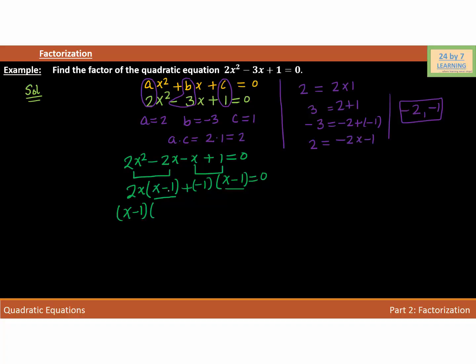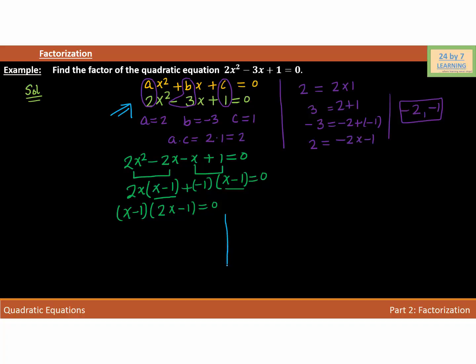I have 2x over here, and then -1 is common right here because this term is gone, so -1 times positive is -1, so I will write -1 is equal to 0. As you can see, my factors for this quadratic equation are x minus 1 times 2x minus 1 is equal to 0.